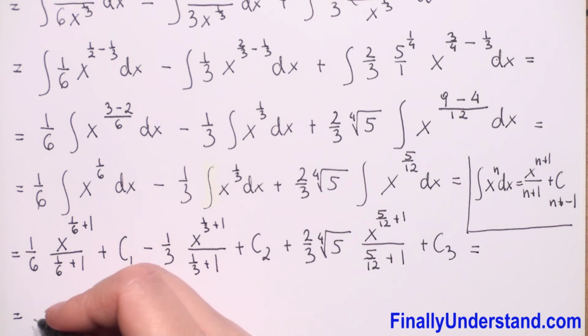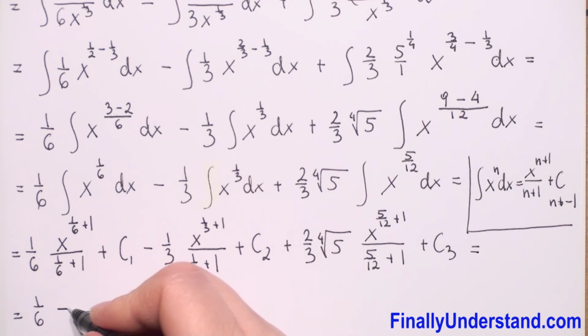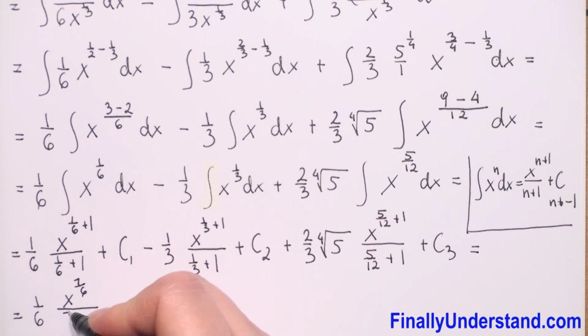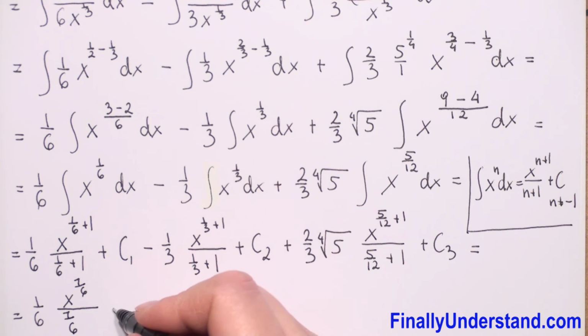So this is equal, we have 1/6 times, in the numerator will be x to the power 7/6, the denominator will be the same as the exponent, 7/6.